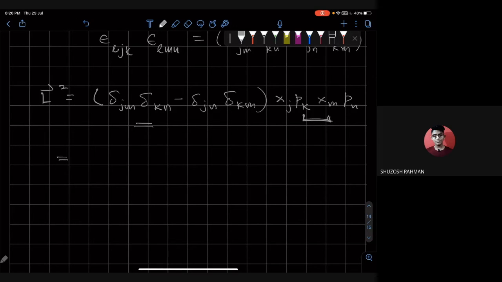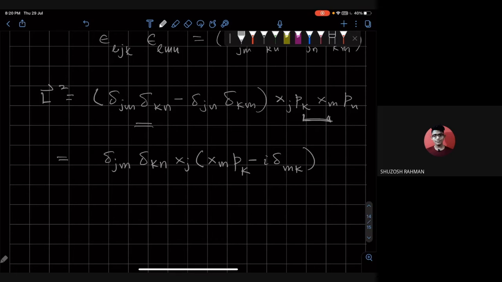So I get delta_jm delta_kn, and then we have x_j multiplying x_m p_k. We are using the commutator, and therefore we have to have minus i delta_mk.